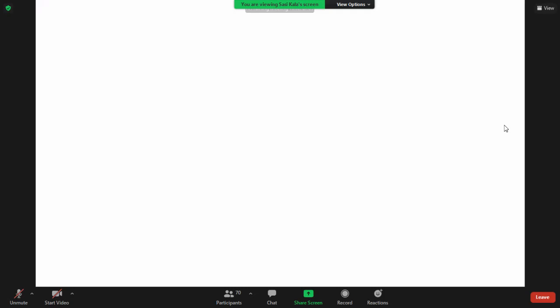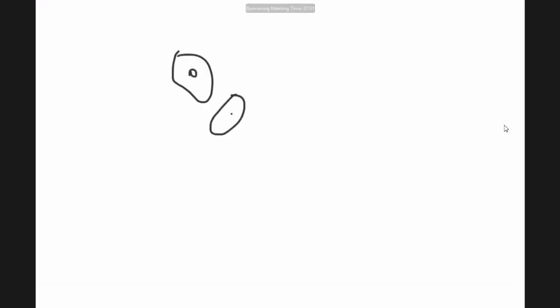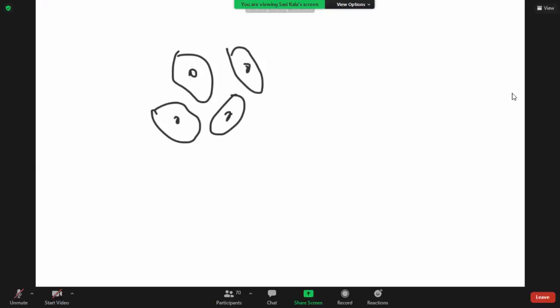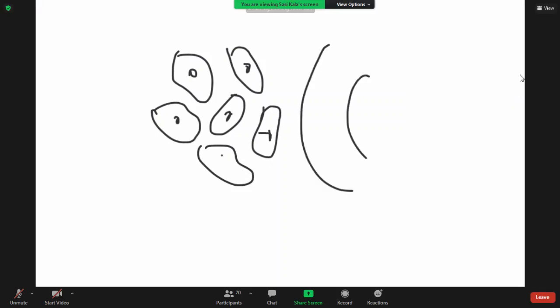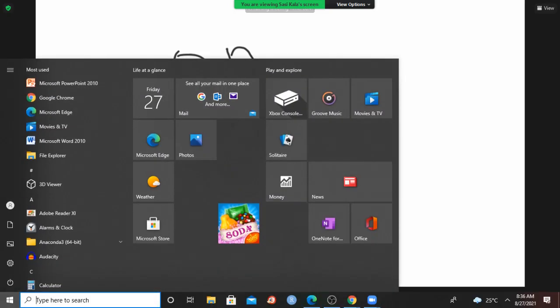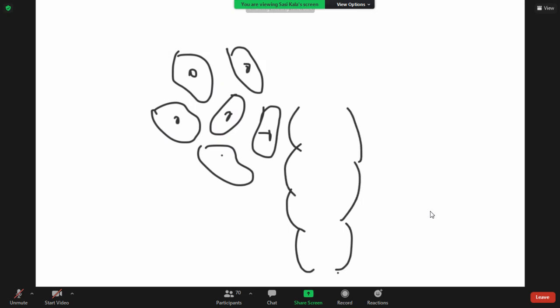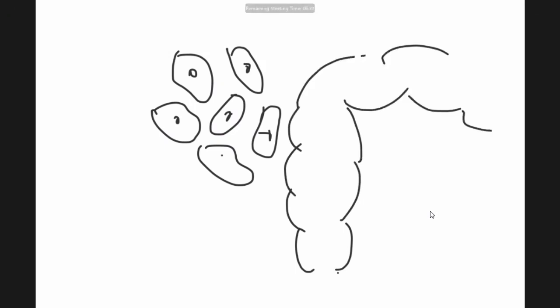Now, it lives in the wall tissues, the large intestine wall tissues. Suppose this is the wall, the large intestine wall. You know this large intestine, it has colon, cecum.